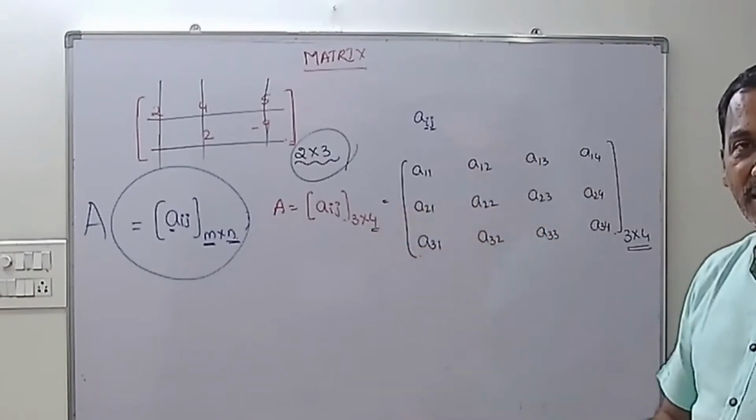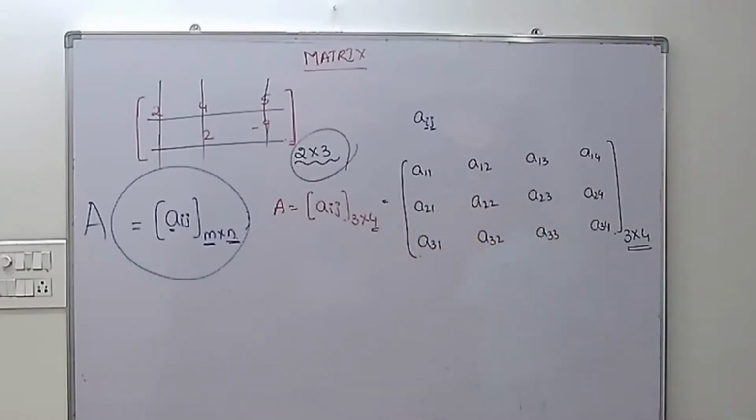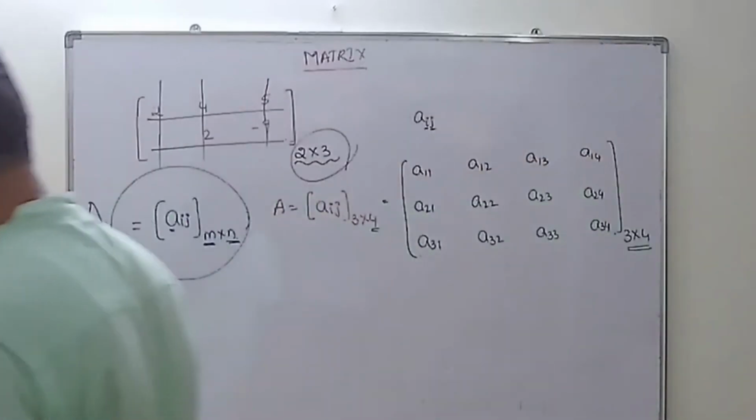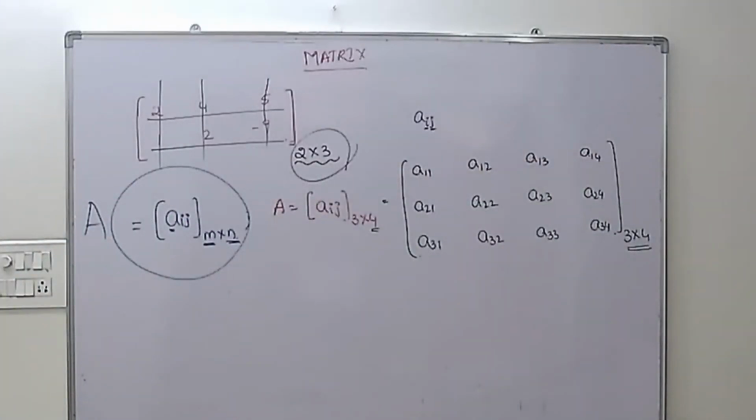ఫస్ట్ మ్యాట్రిక్స్ అని, the arrangements of the elements in the horizontal and vertical lines is called a matrix. Horizontal lines are called rows, and vertical lines are called columns.